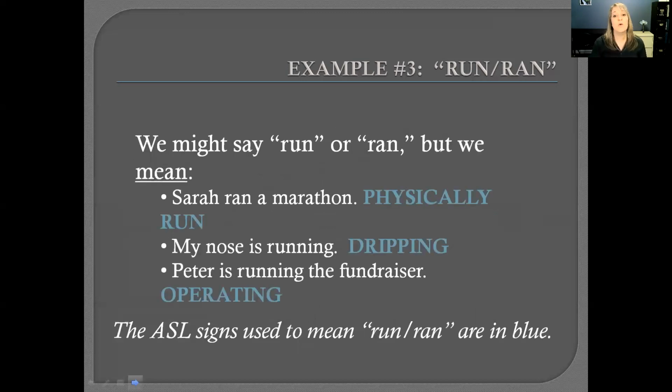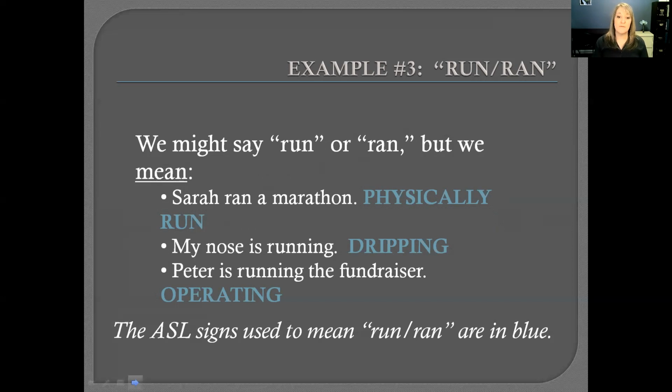All right, so we might say ran or run in English, but we mean something different. We mean Sarah ran a marathon, means she physically ran. That's this sign. She ran a marathon. My nose is running is this sign. It's dripping, right? My nose is running.